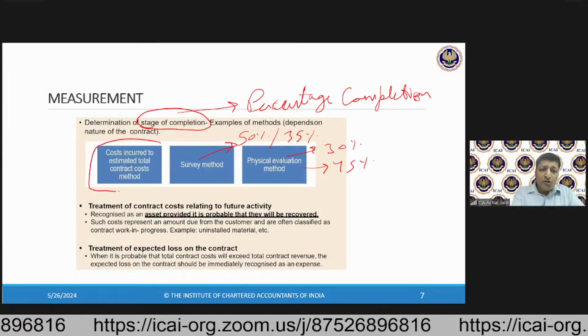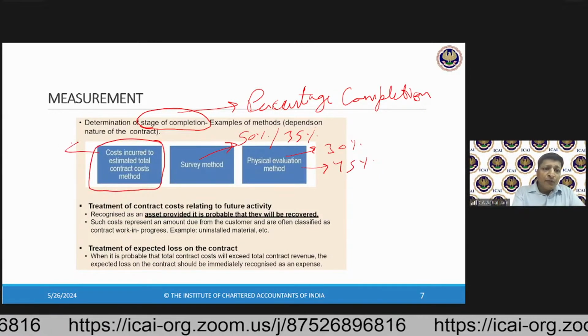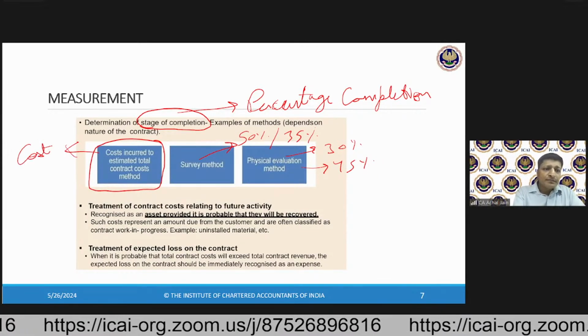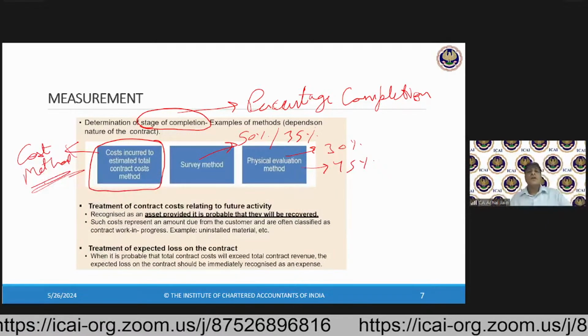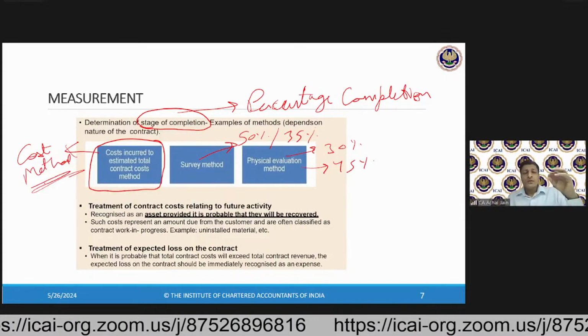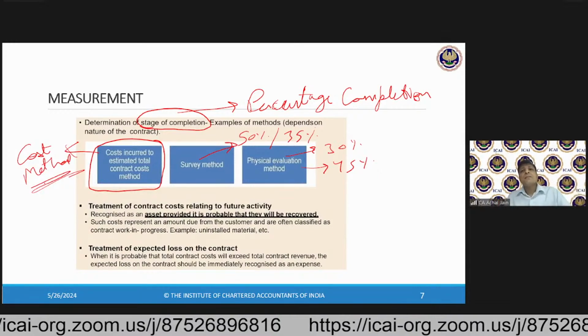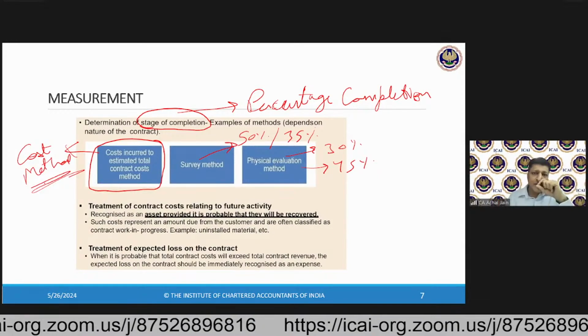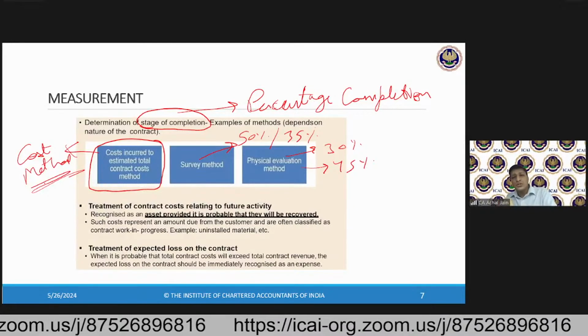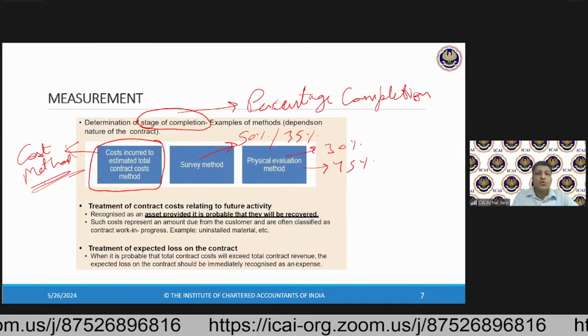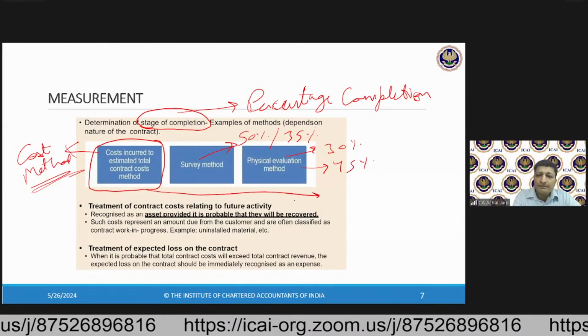I would say it is the most important and the widely used method. Cost method. Practically, this is the method which is used by the companies for the purposes of calculating percentage completion. So let's understand how this methodology works.